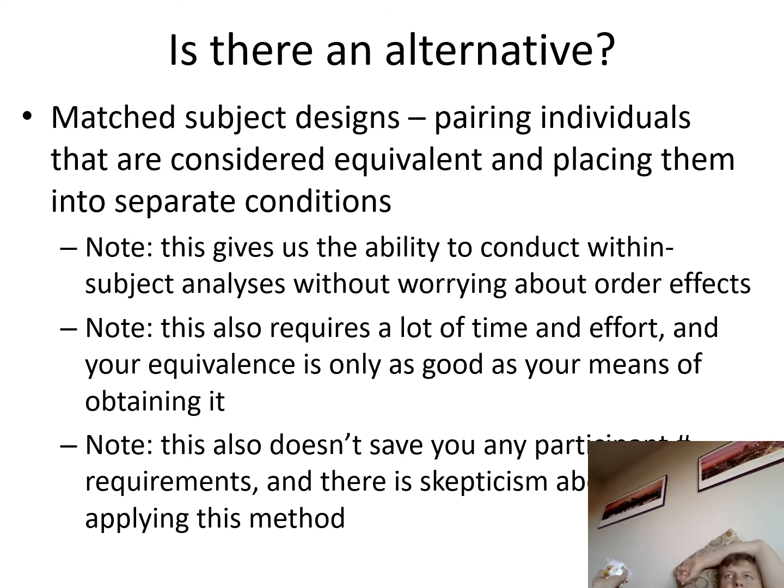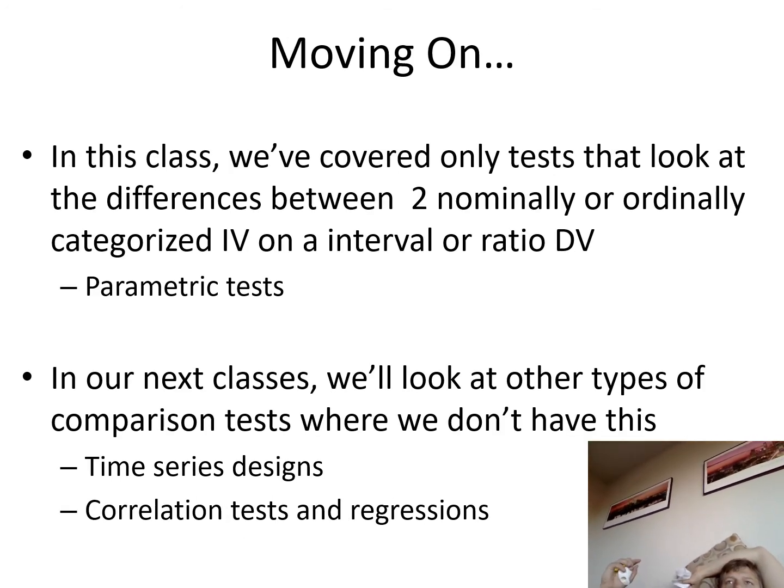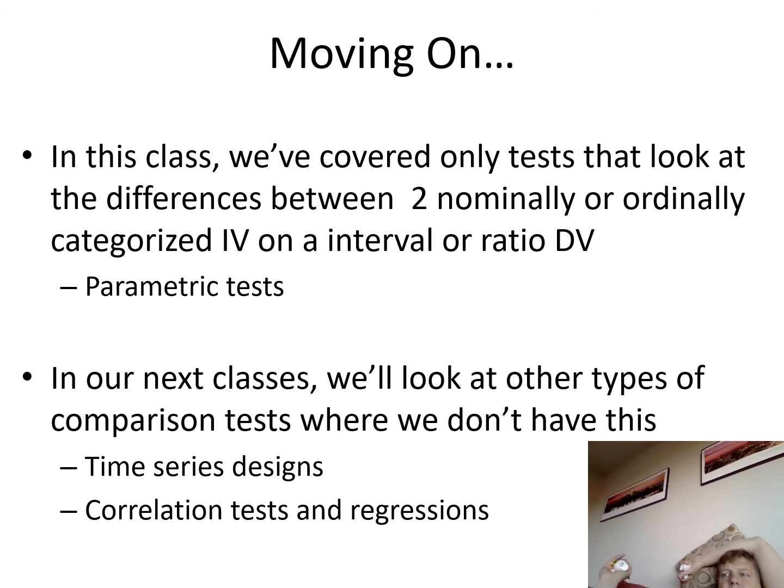So it is something, if you move further into stats classes, that you'll learn is a bit controversial, and there is an ongoing debate about what we should do with this particular approach. With that said, though, it is a great place to end on these topics of between versus within subjects designs.